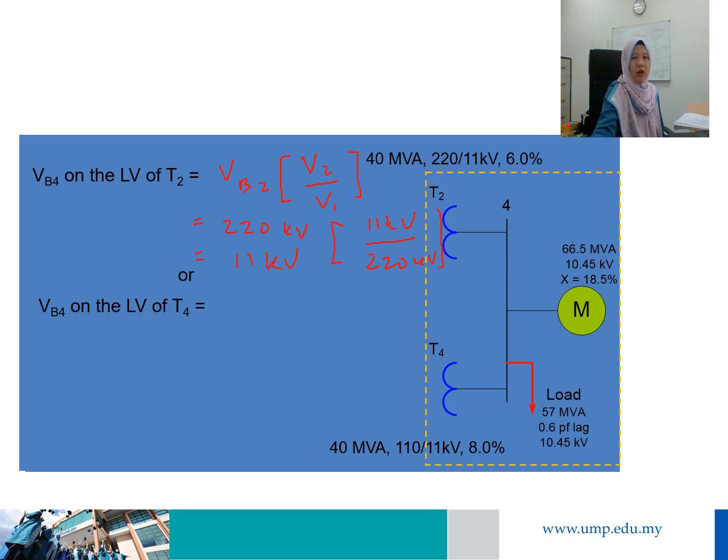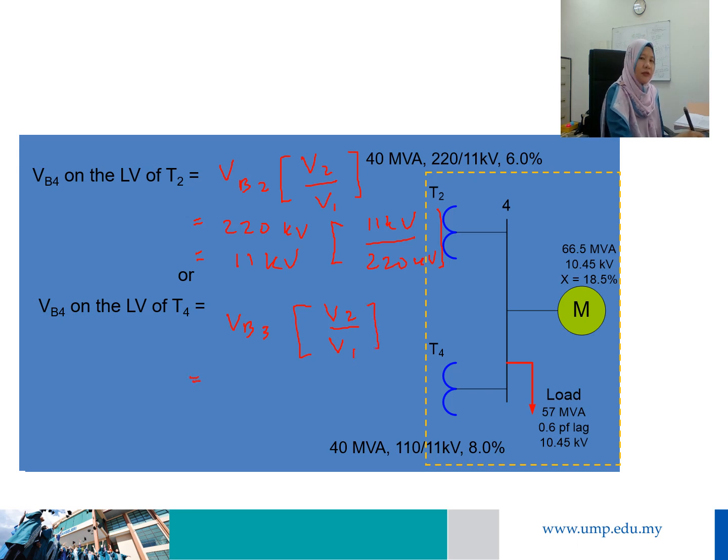Similarly, we can also calculate the base voltage for region number 4 on the low voltage side of T4, which is equal to V base 3, the voltage base from region number 3, multiplied by the secondary voltage of transformer T4 divided by the primary voltage of transformer T4.